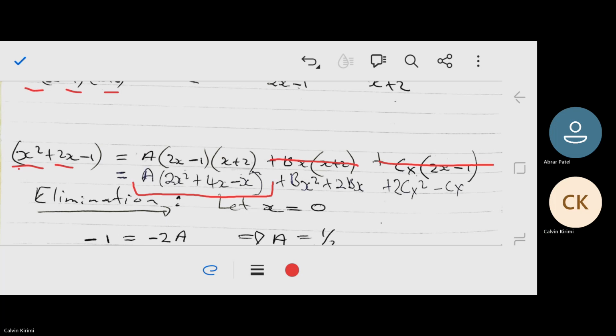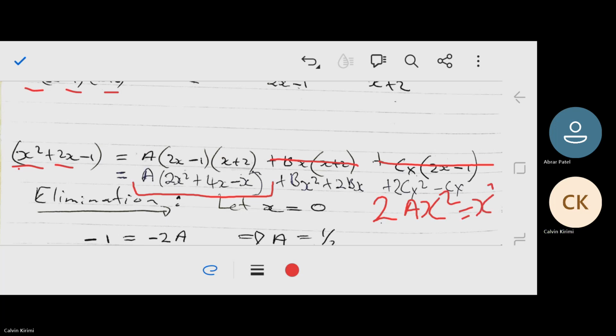So when we equate those coefficients, we solve for a. In other words, when you expand, you are going to equate 2a x squared is equal to x squared.